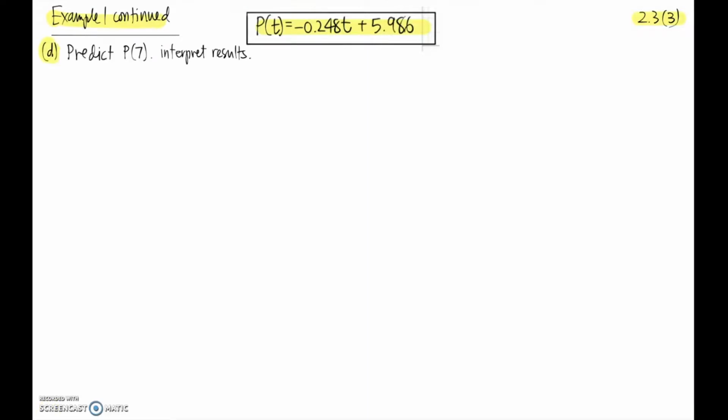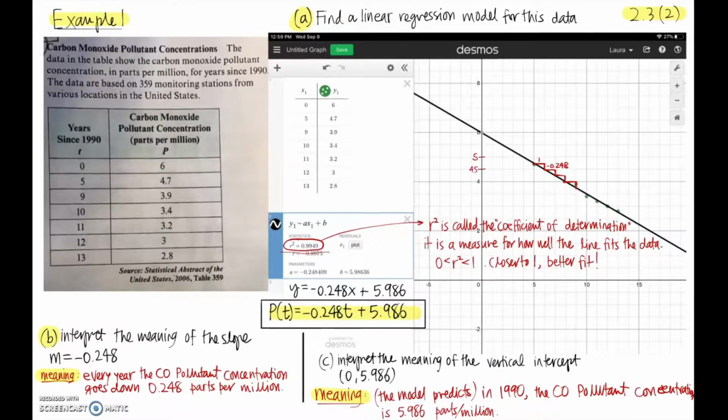So we're now asked to predict P of 7, so predict the pollutant concentration when 7 is our input, and then we're going to interpret the results. And one reason we're trying to predict it is because 7 was not a given value. We don't know what happened in 1997. So we're going to use the model that linear regression gave us to predict what happened in 1997.